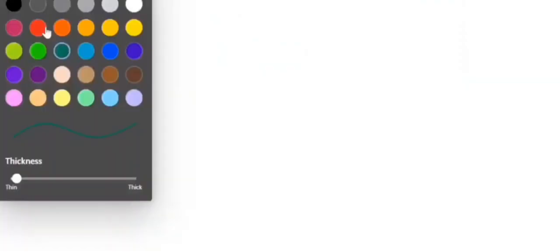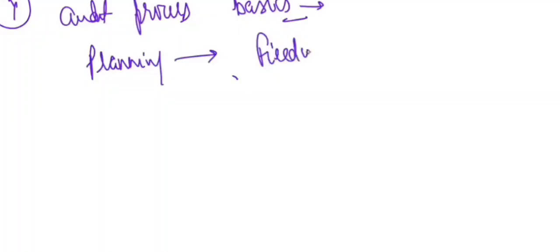So let's have a look at the first option. What does it say? First let me tell you the audit process basics. The basics are very simple. There are phases: first of all you plan. The first phase is called planning. After planning, you have field work. Then you report, and after reporting, you follow up.